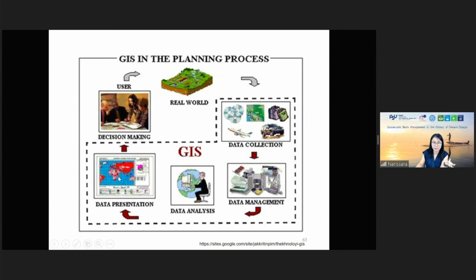Like you create the map, and the data that you present helps you to make the decision. You understand? Like maybe you see, oh, in 2000 they still had forest in this area, but now the forest in this area has already disappeared, right? And then it helps you to make the decision.